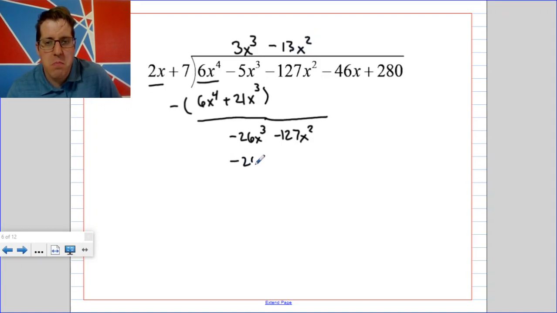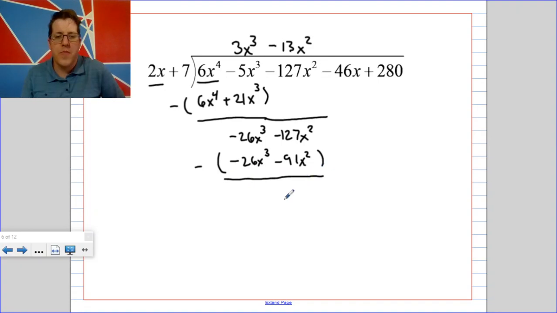Remember, you're just trying to match that leading term. And I think that gives me 91x squared. And I want to subtract all of that. Be careful to watch all of your minus and negatives.